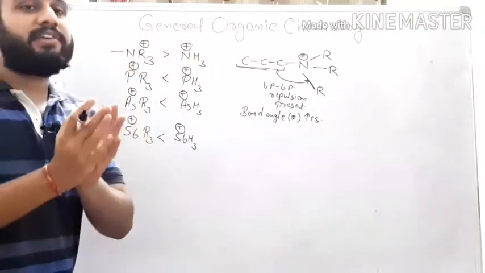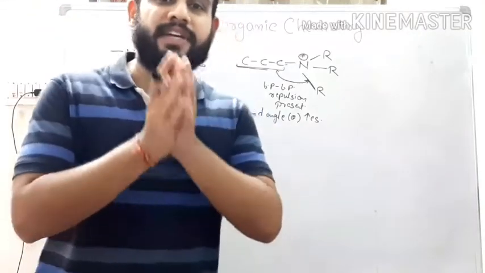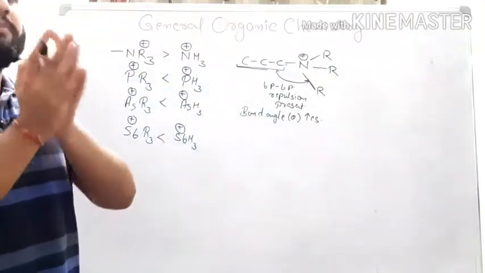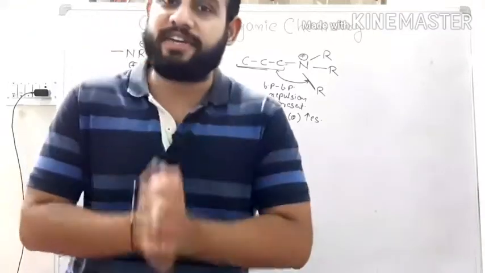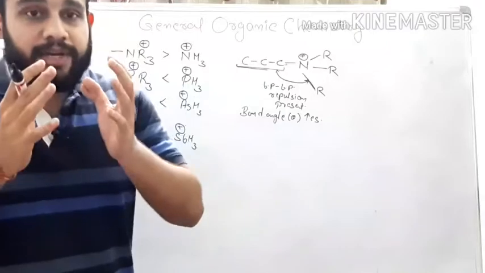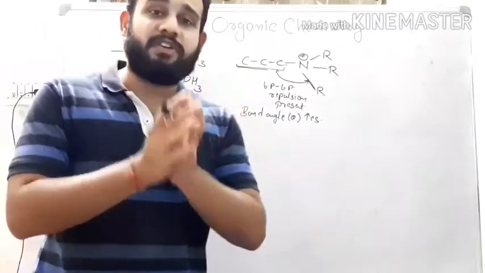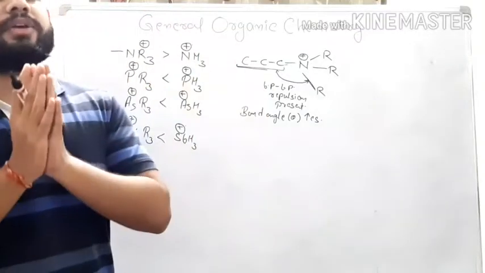And you know very well that theta is directly proportional to electronegativity. When theta or bond angle increases, the electronegativity will also increase, and the minus I effect is directly proportional to electronegativity.